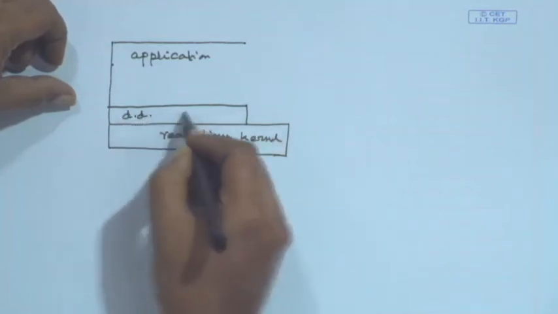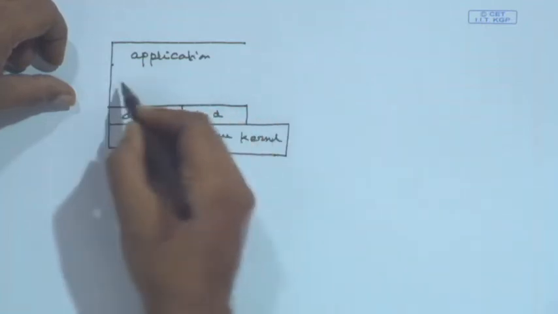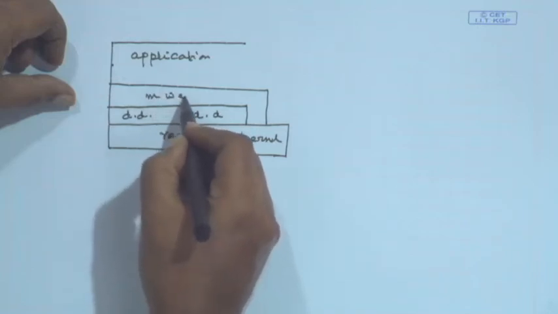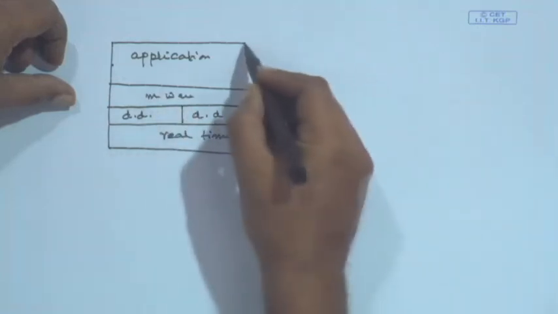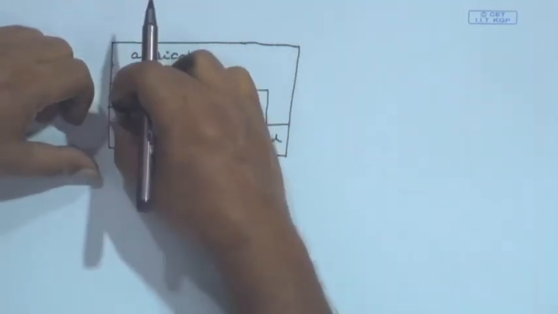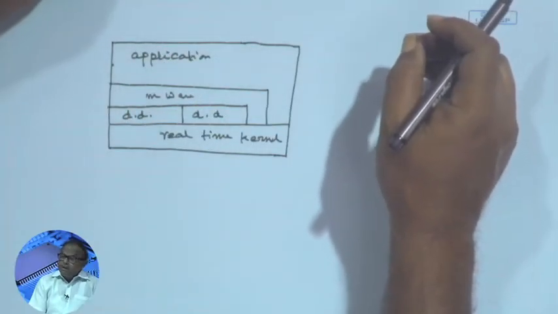Device drivers were there, and then there was some middleware. And the application software was running on this. That was the scenario, compared to the operating system coming in between these layers in the case of a standard operating system.